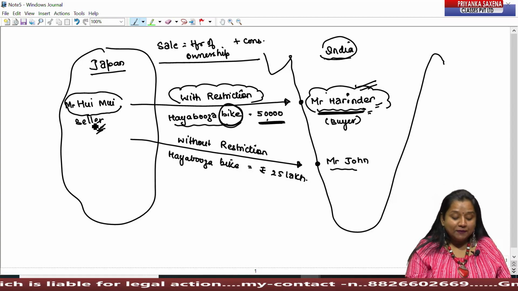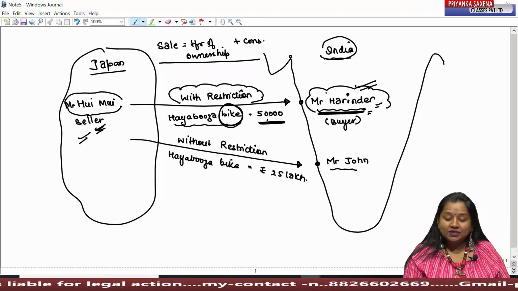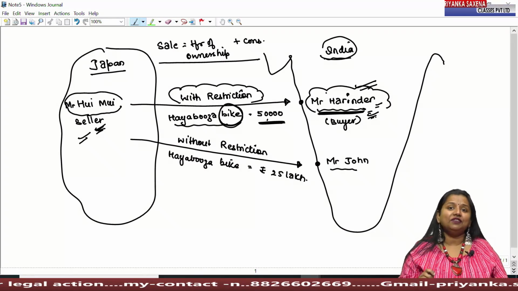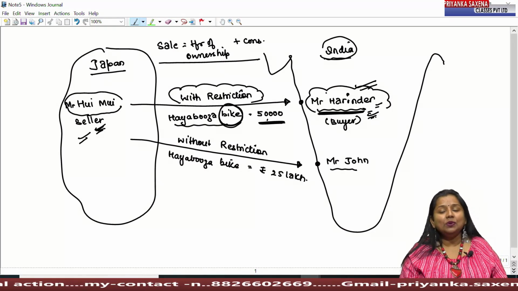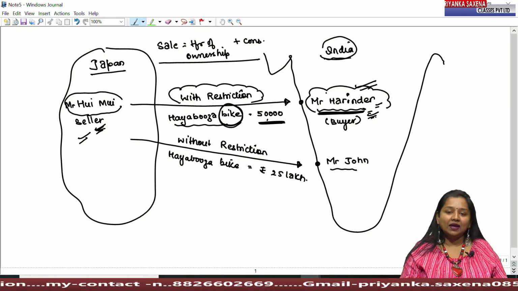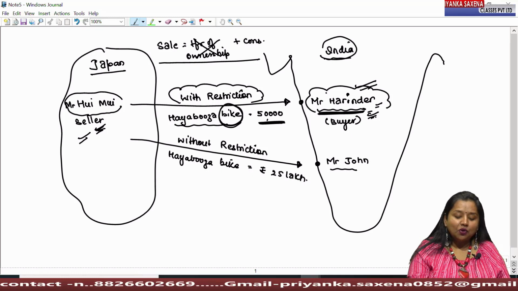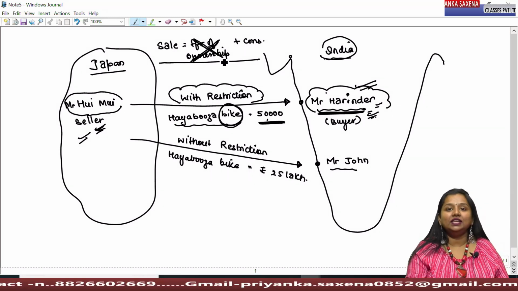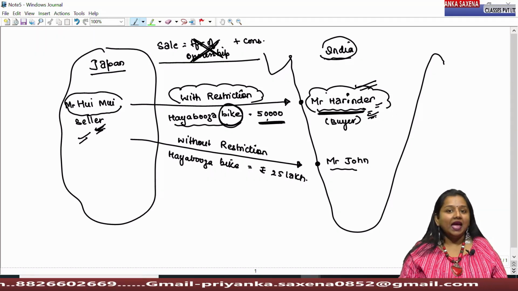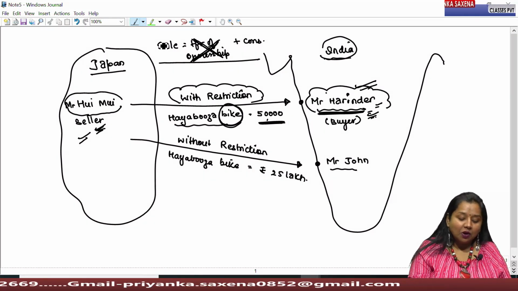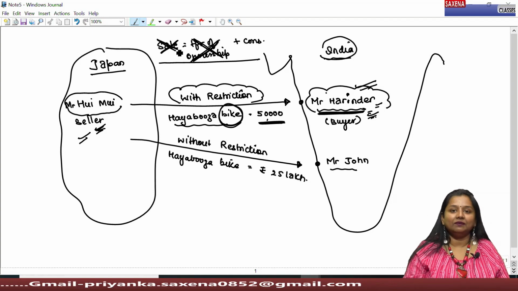However, if Mr. Huimui imposes such restriction on Harinder to intimate each and every time while making anyone sit behind his back on the bike, then make sure that the ownership of the bike has not yet been transferred. And if ownership has not yet been transferred, then obviously there could be no sale.